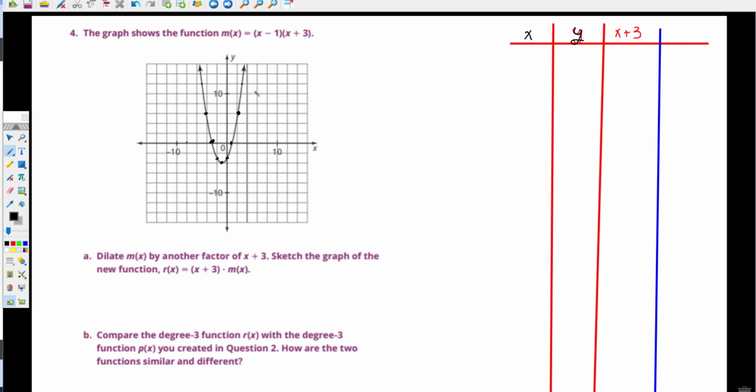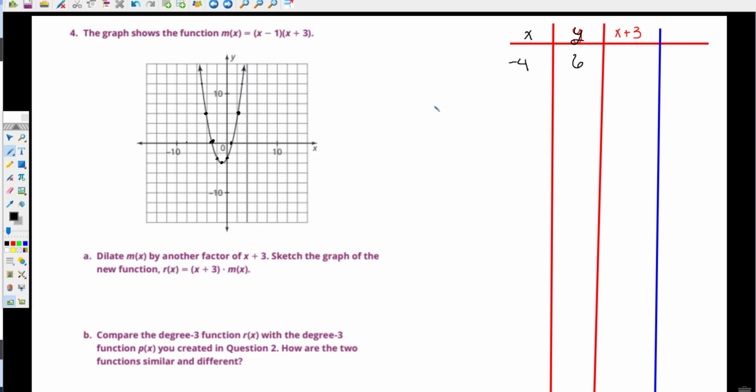And so at negative 4, where would you call that if I counted by twos? Negative 2? Or 1, 2, 3. So 2, 4, 6.